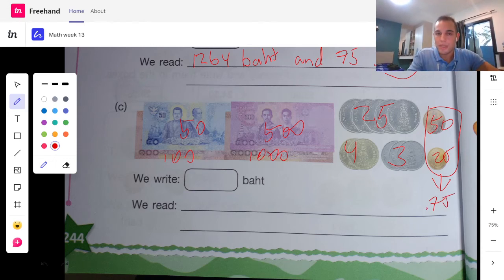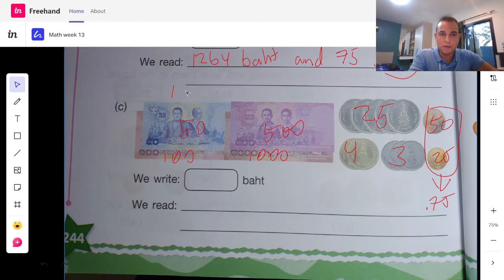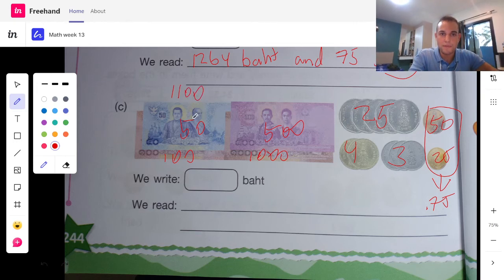Okay, and then we have the big numbers to the small numbers. 100, 1,000, 1,100. Then the 50, 1,150. Oh, I forgot the 500. Okay, so we'll add it now. 1,650. Then we have 25, 1,600 and 75. Then let's add the 7.